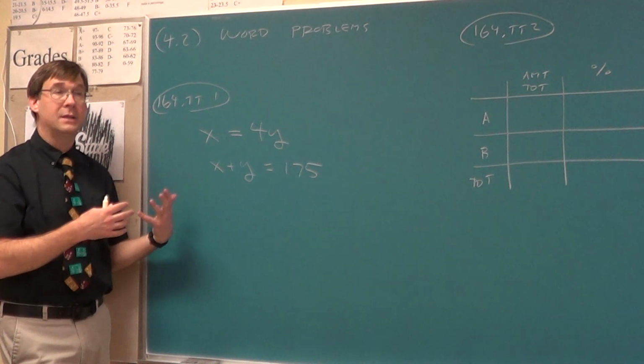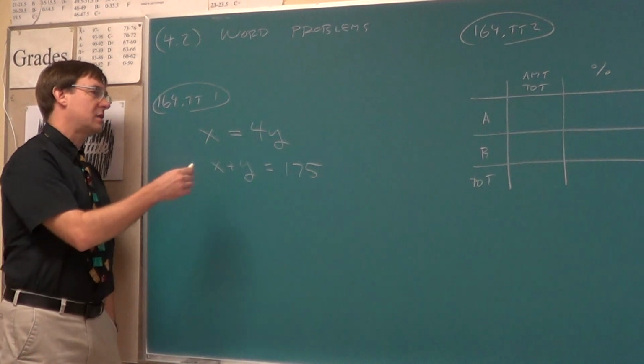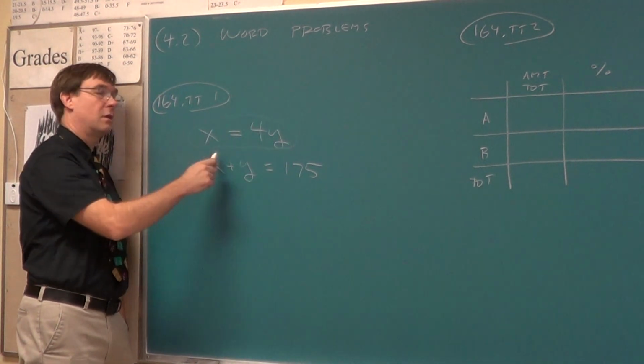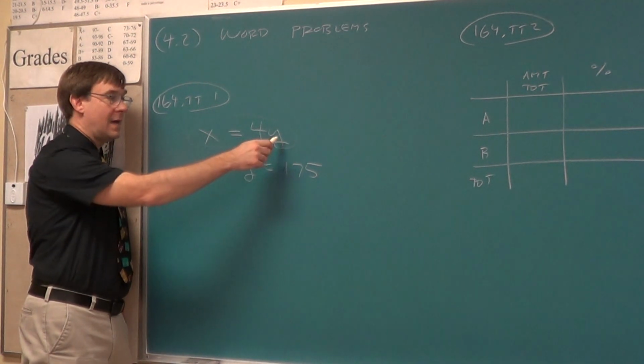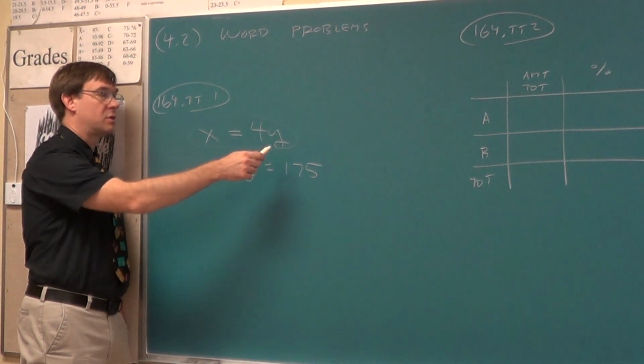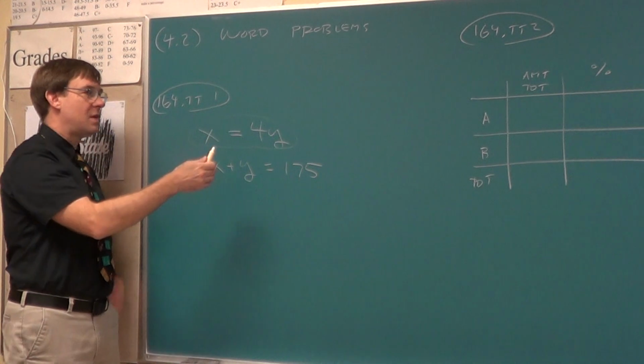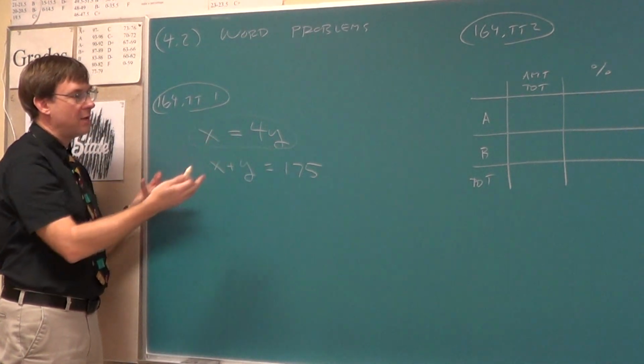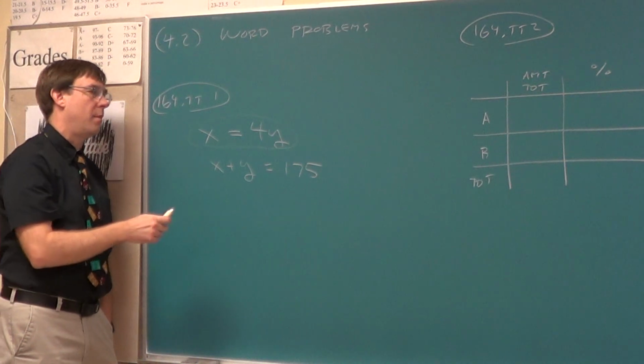I'd say substitution, because the first step of substitution is to get one of the letters alone. I was circling that yesterday. This already has a letter alone, so I would do the substitution method. If you see more x, y stacks, maybe with opposites, with all the letters there, then maybe that's a better addition method problem.